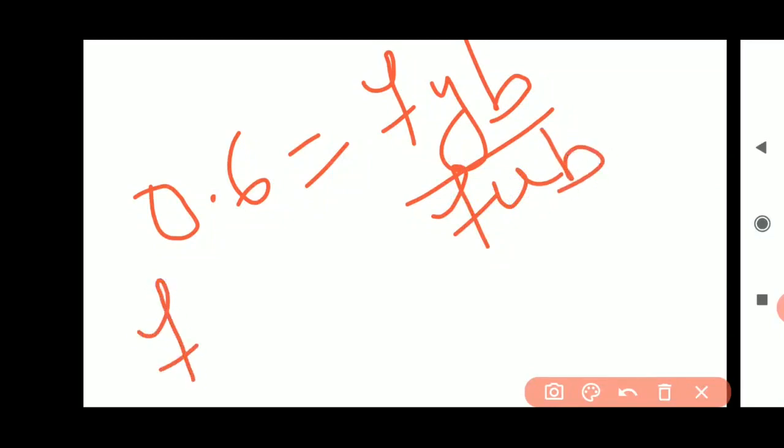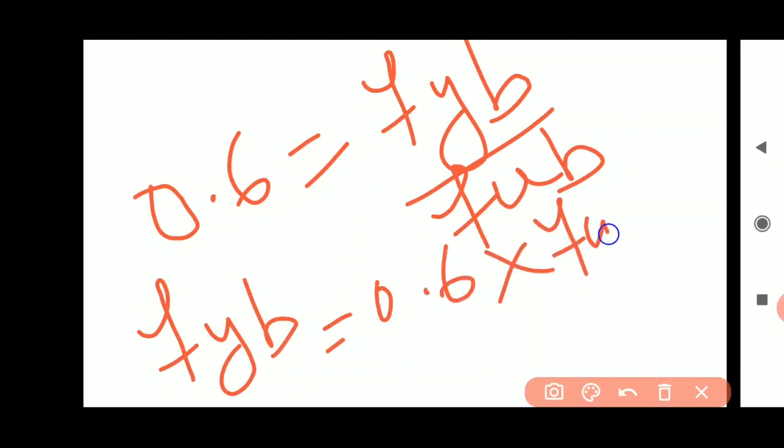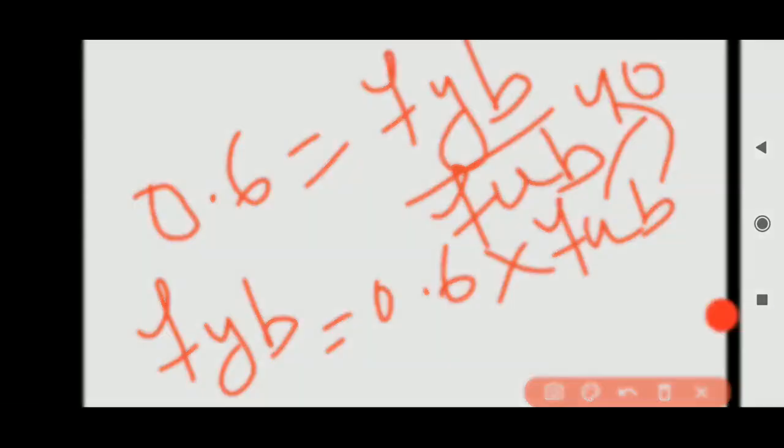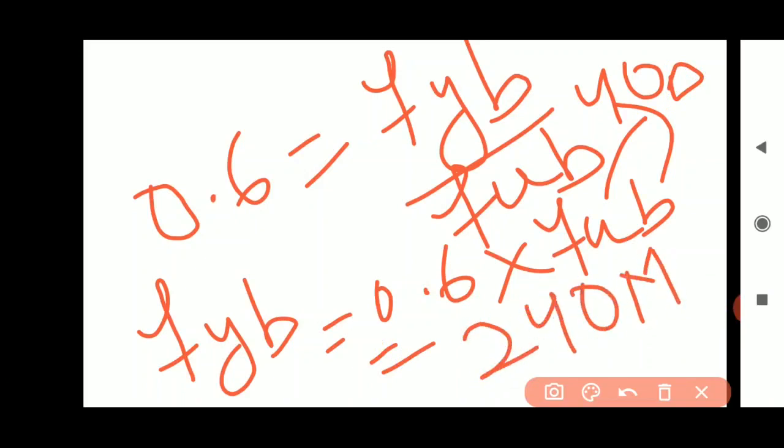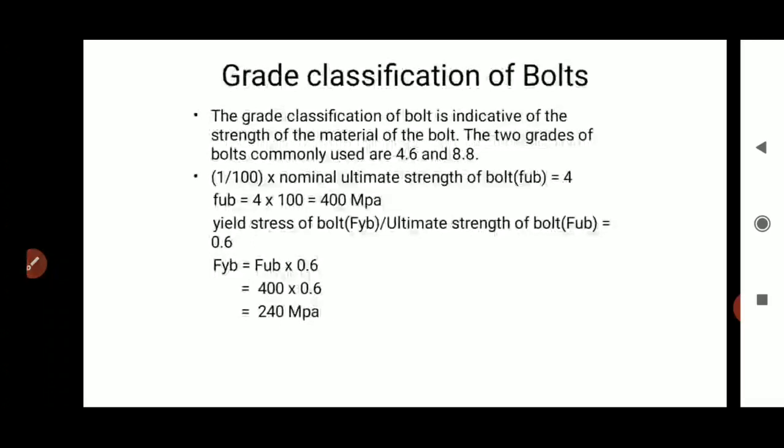So the yield strength of the bolt is 0.6 into ultimate strength of the bolt. The ultimate strength of bolt we have just calculated, that is 400 MPa, so the yield strength of the bolt is 240 MPa. So from the property class you can calculate the yield strength and ultimate strength of the bolt. Likewise, from the property class of 8.8 you can know the yield strength and the ultimate strength of the bolt.